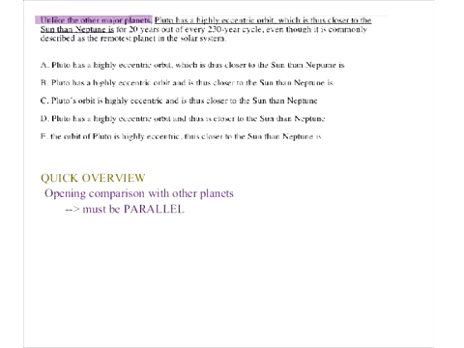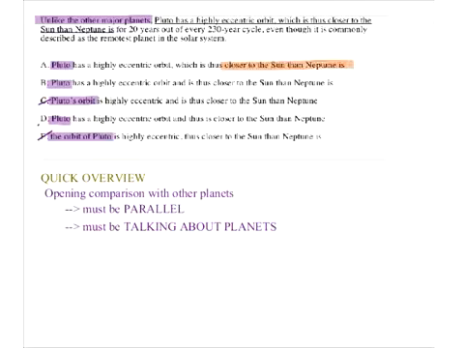So that means you must be talking about planets. So Pluto is a planet, that's fine. Pluto's orbit is not a planet. Pluto is a planet. The orbit of Pluto is not a planet. So we can eliminate C, and we can eliminate E, smiley face, if that makes sense. And then notice the missing "is" in some of these.